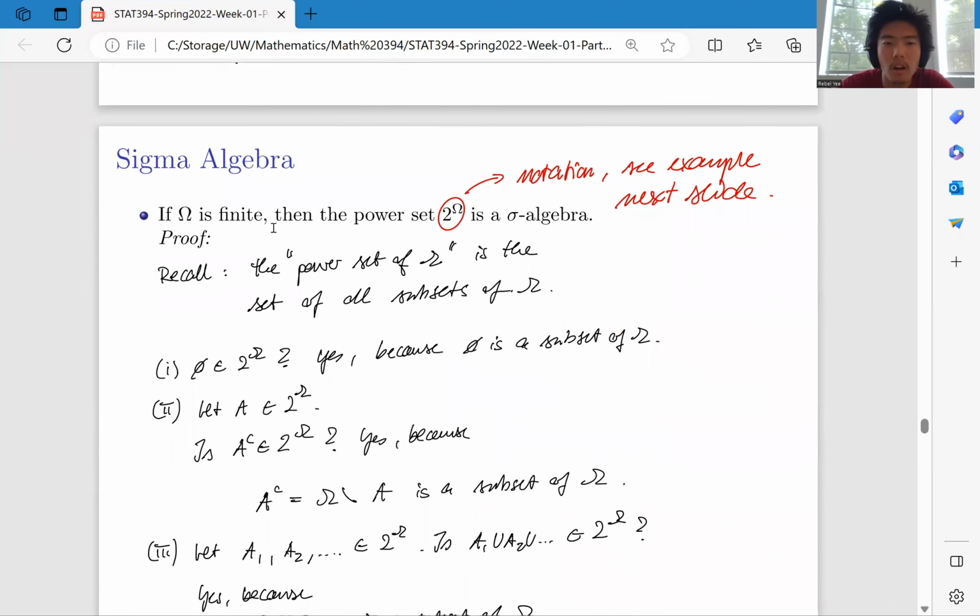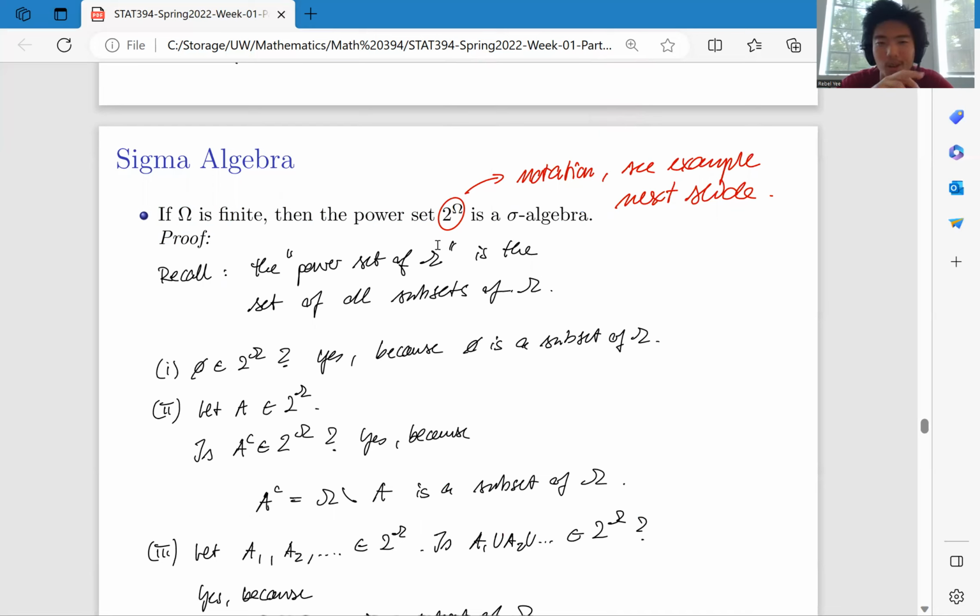And also, I want to prove another statement, which looks more complex. Here it says if omega is finite, then the power set is a sigma algebra. And this is the notation of a power set. We talked about that before.